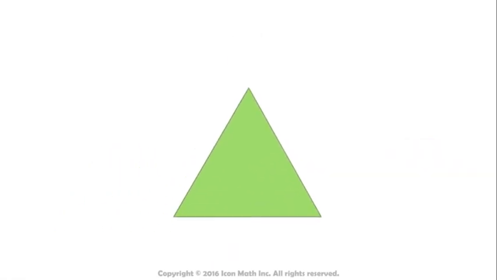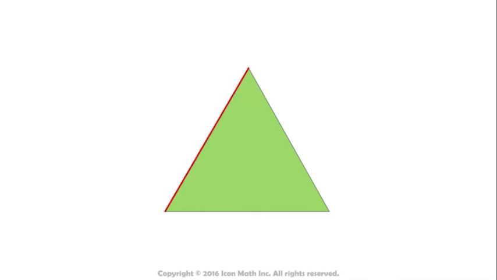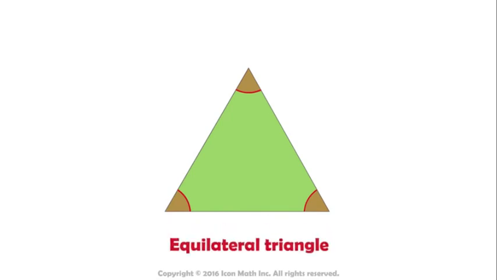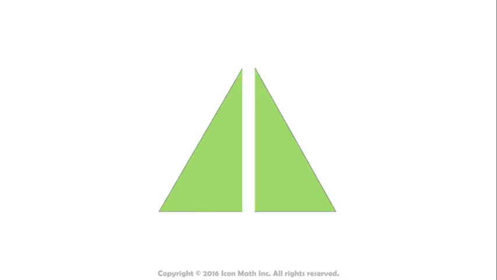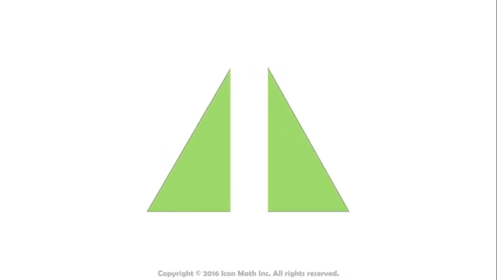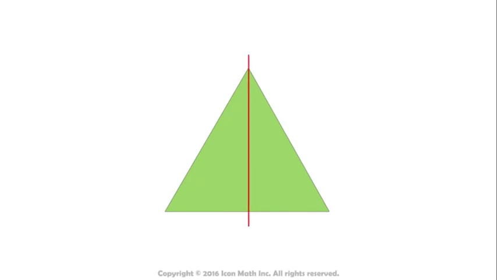This triangle is a regular polygon. All of its sides are equal, as well as its angles. This type of triangle is called an equilateral triangle. Now, can you tell if this triangle is a symmetrical shape or not? Well, we can split it into two identical halves across this vertical line of symmetry.